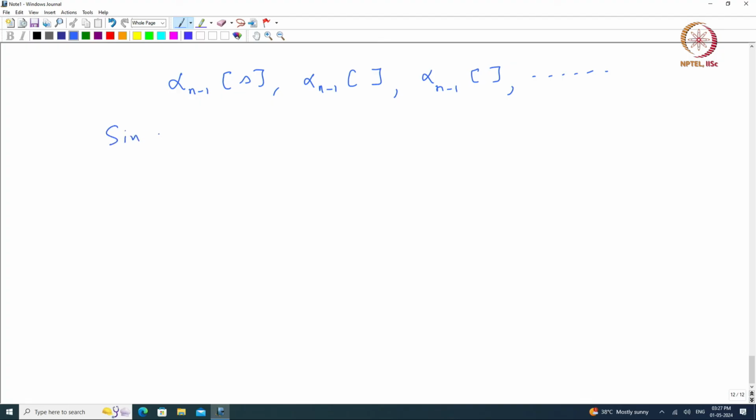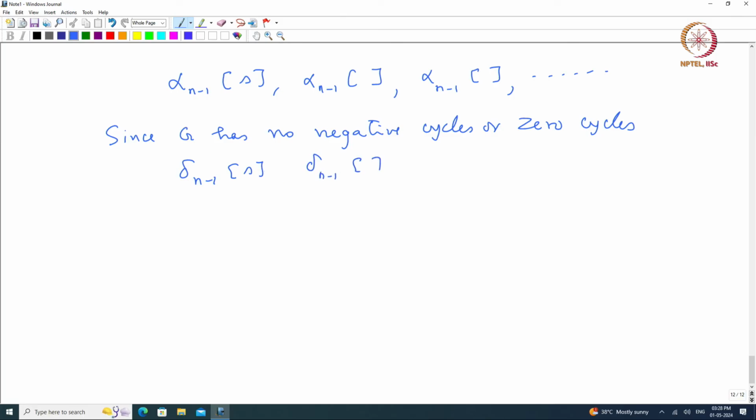Since G has no negative cycles or 0 cycles, this is nothing but delta n minus 1, because we have already seen that alpha i equals delta i if G has no negative cycles.